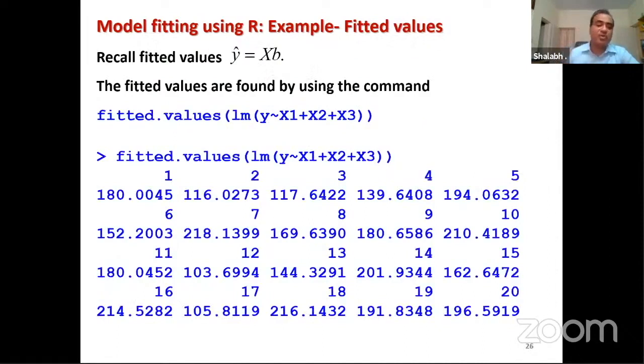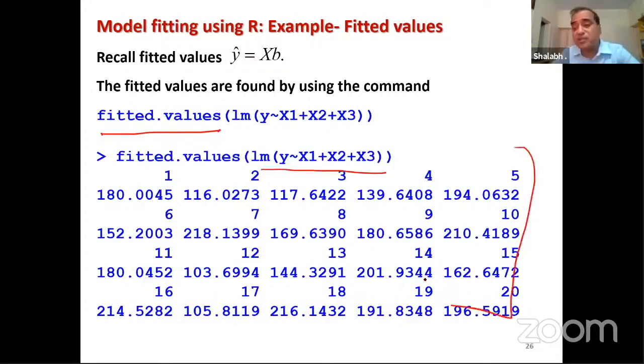And if you want to know the fitted values, then in R you have a command, fitted dot values. If you simply give the same command like this, you will get these 20 values. These 20 values are the values which you have obtained on the basis of the model. You can see the first, second, third, fourth, up to 20 values.